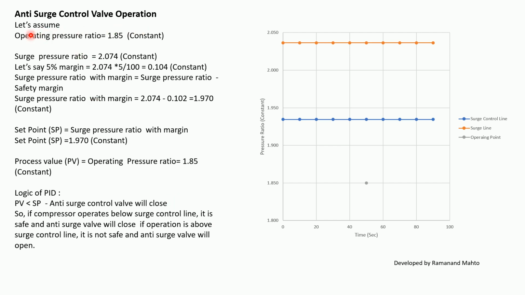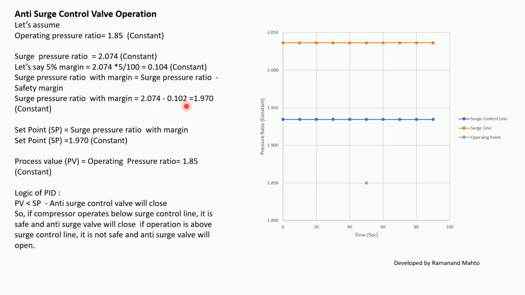Now the anti-surge control valve operation. Let's assume the operating pressure ratio is 1.85, the surge pressure ratio is 2.074, and the 5% margin is equal to 2.074 into 5 by 100, which is 0.104, which is constant. The surge pressure ratio with margin is the surge pressure ratio minus the safety margin, so 2.074 minus 0.104, which is 1.97. So the set point is equal to the surge pressure ratio with margin.